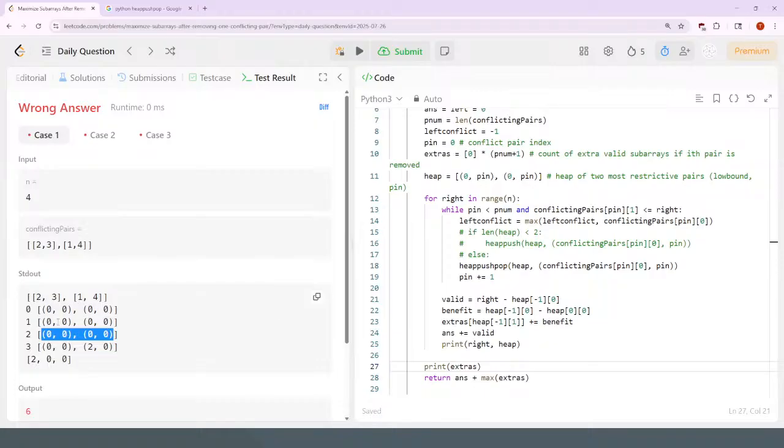That doesn't seem quite right to me. And right is 3. And right is 2.